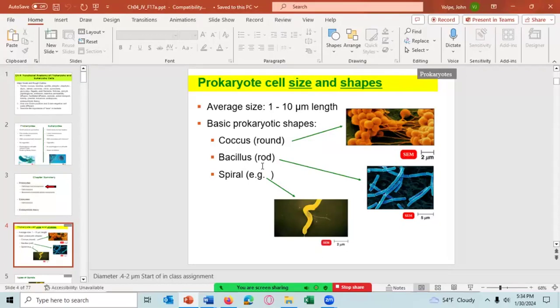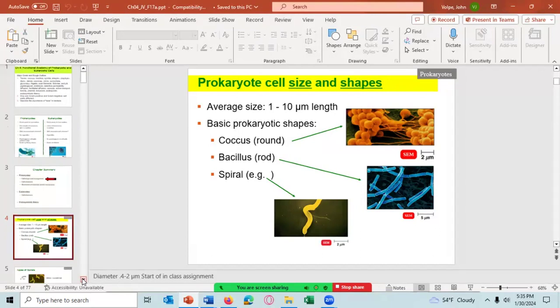They have rods that we call bacillus, and you may use the term rod as a scientific term to name bacillus, because these two are used interchangeably. And then we have spirals, shown here. These are the basic shapes of most prokaryote cells, especially the bacteria.